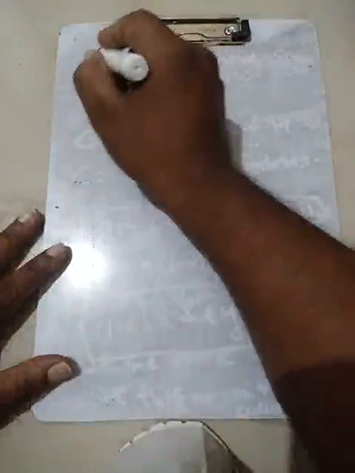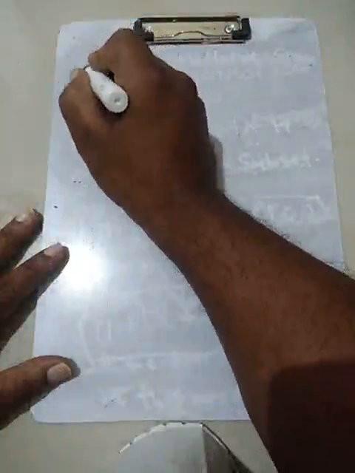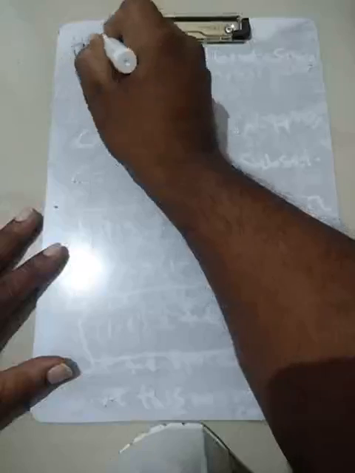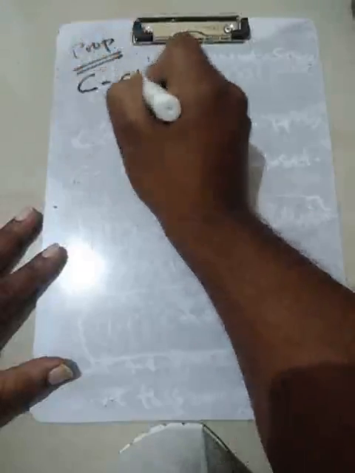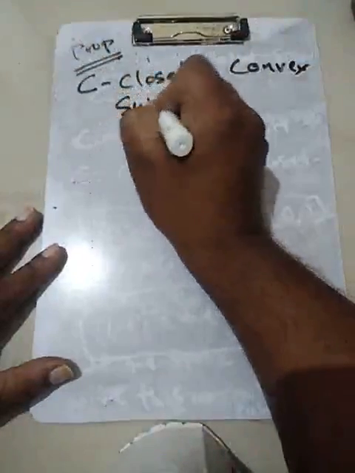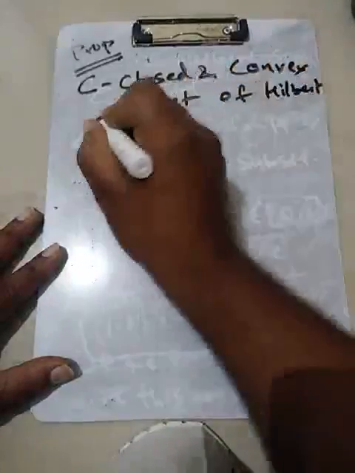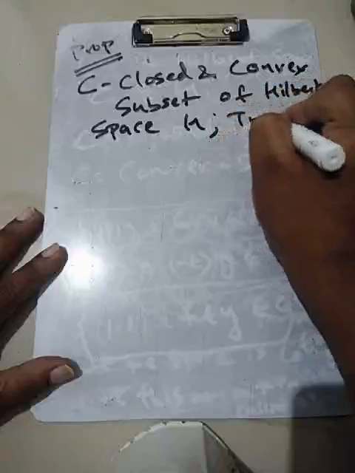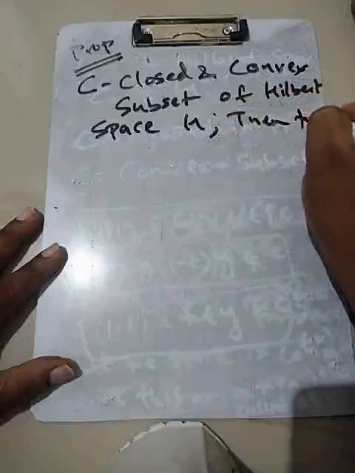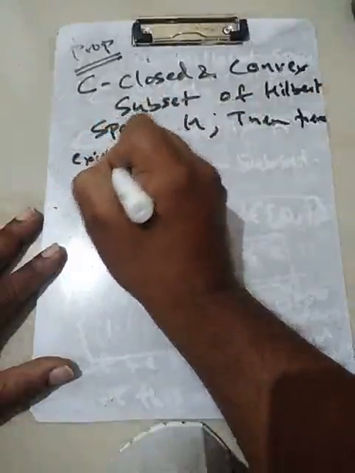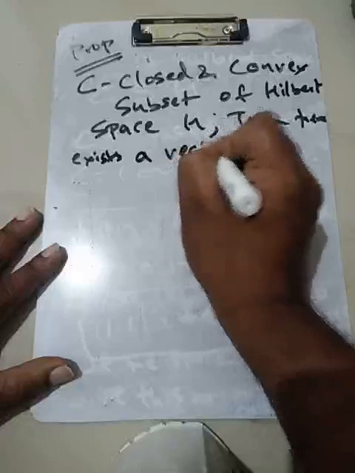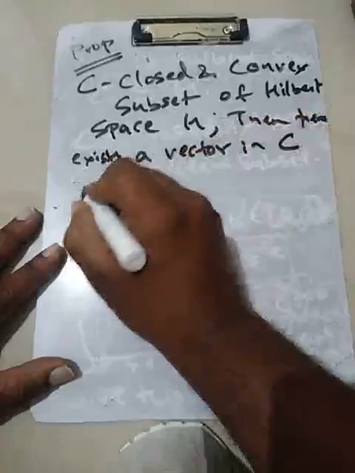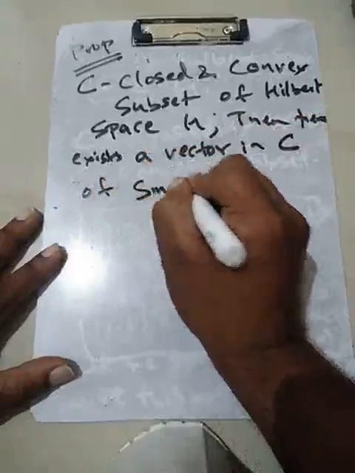So what we are saying, this is a proposition: if C is a closed and convex subset of a Hilbert space H, then there exists a vector in C of smallest norm.